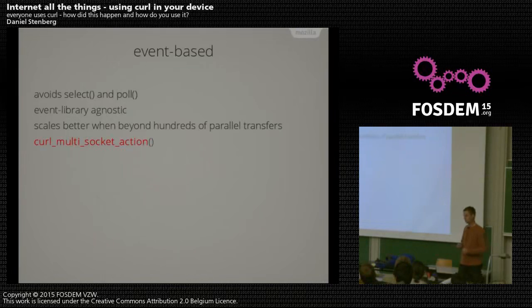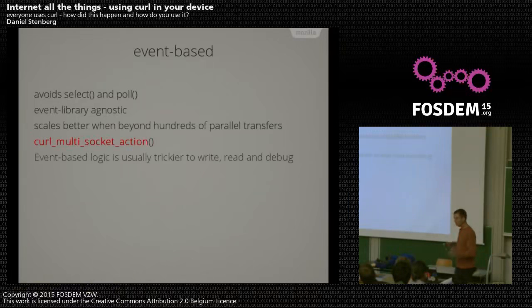Tell me when something happens. And that's the way you use event-based libraries in general. So when the event-based like kevent or whatever, libevent or libev, whatever you use, you'll tell libcurl that there was some action on this socket and it'll fly. It'll scale really nicely, really to a really large amount of transfers.